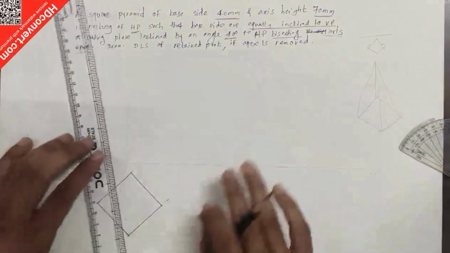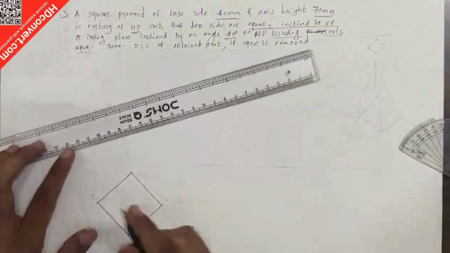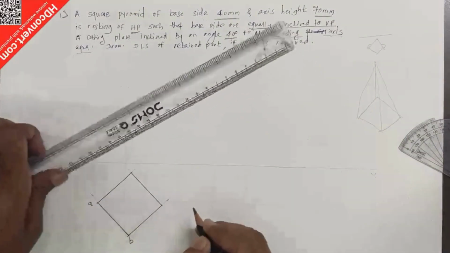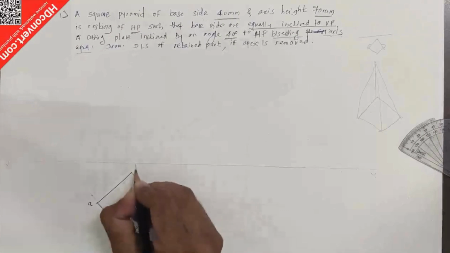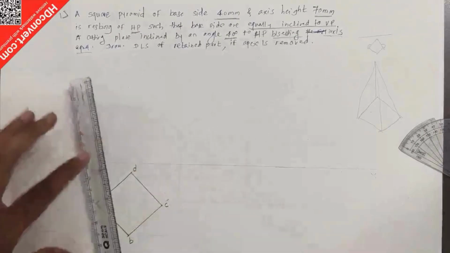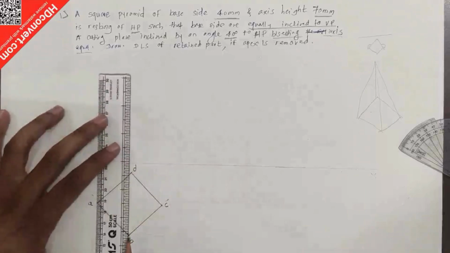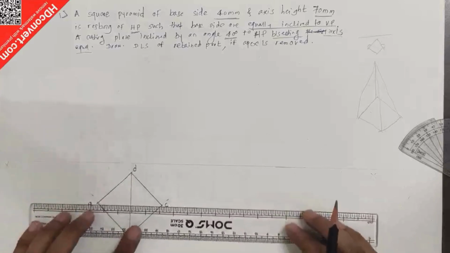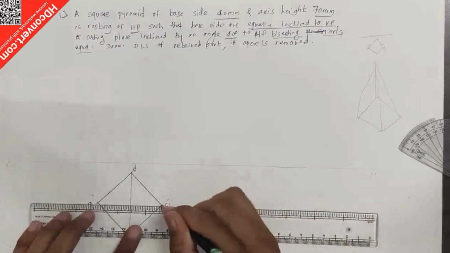Now, for finding the midpoint, first I'll give the names A, B, C, and D. For finding the axis point, obviously I'll join these two, so I'll get a midpoint.